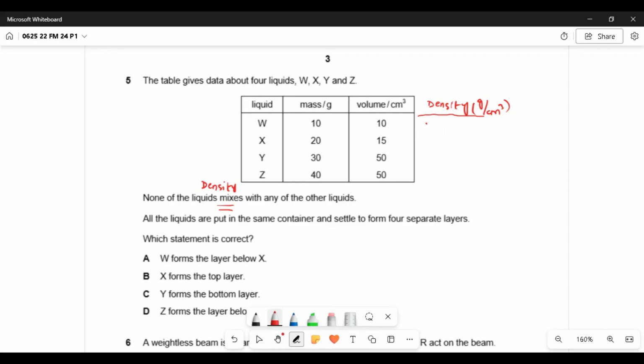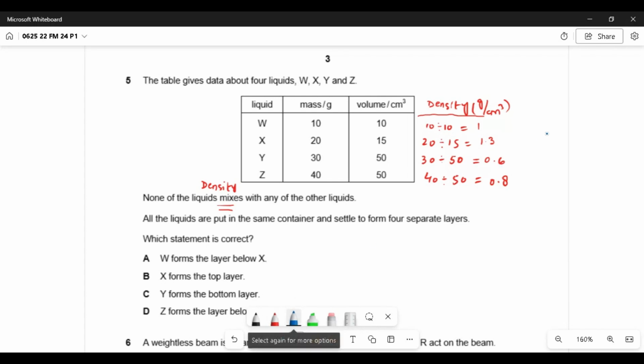So 10 divided by 10 gives me 1 gram per cubic centimeter. 20 divided by 15 gives us 1.33 approximately. 30 divided by 50 gives us 0.6 gram per cubic centimeter. 40 divided by 50 gives us 0.8 gram per cubic centimeter.